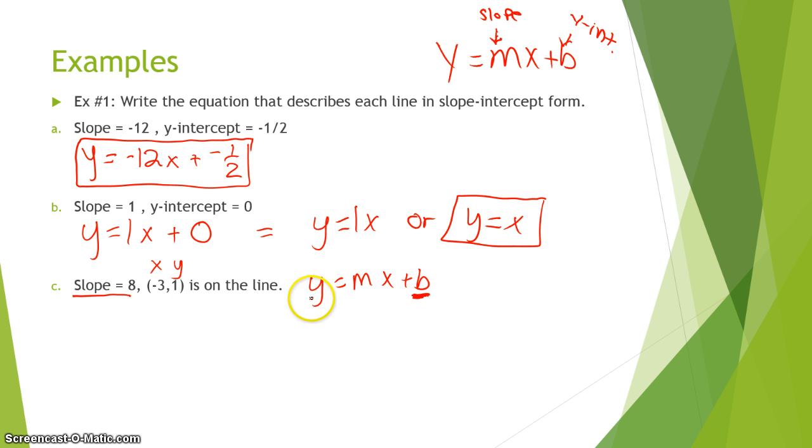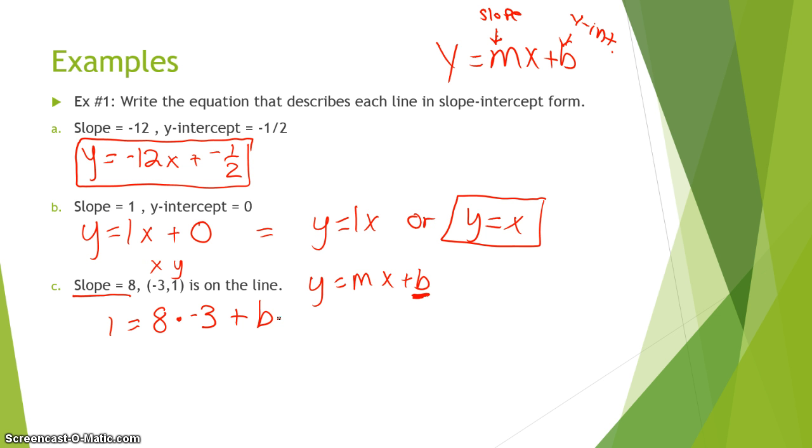My y is 1 equals m, my slope is 8, times my x, which from my ordered pair is negative 3, plus my b, my y-intercept. We don't know my b, that's what we're figuring out.